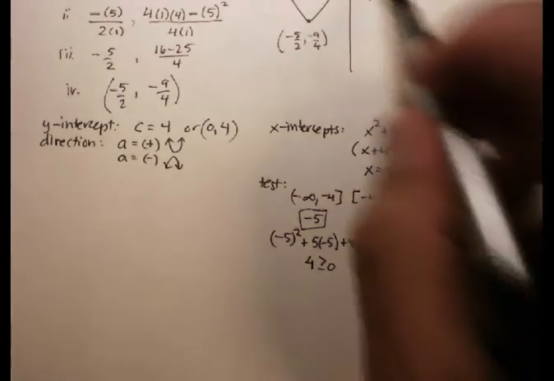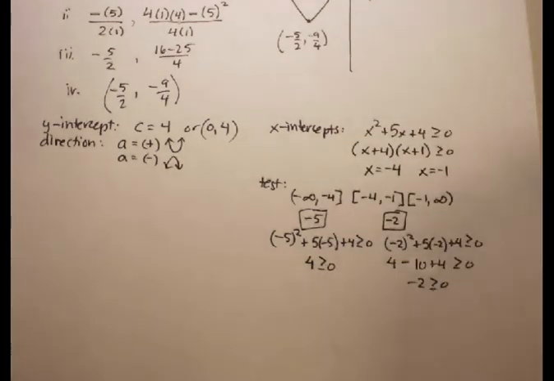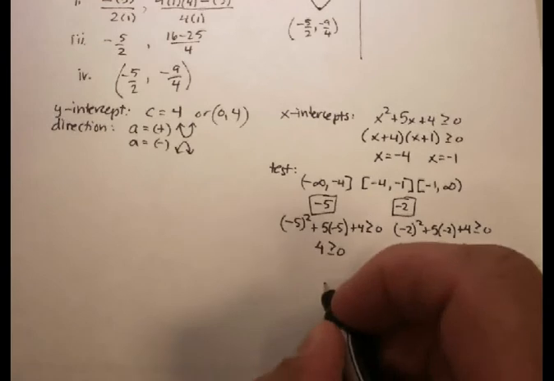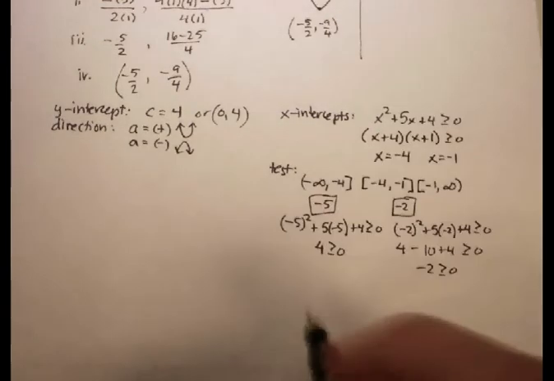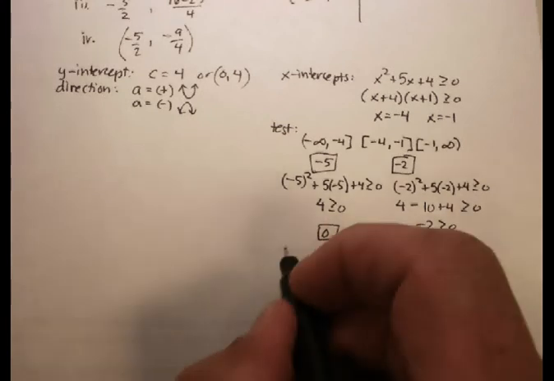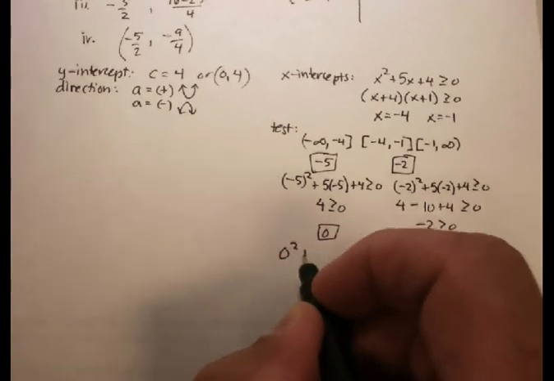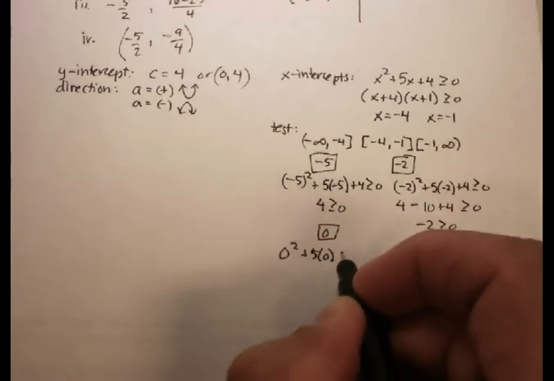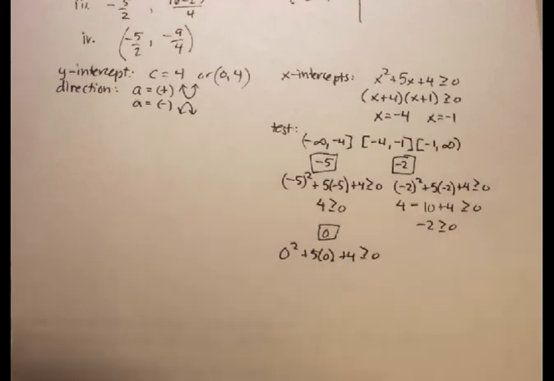Now I'm going to try one more point. I have to test the third region, and you can probably guess that it is going to be shaded. Let's try 0, because 0 is outside there, isn't it? So let's put 0 into our equation. 0 squared plus 5 times 0 plus 4 is greater than or equal to 0.